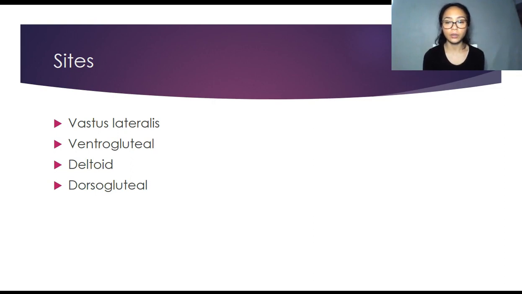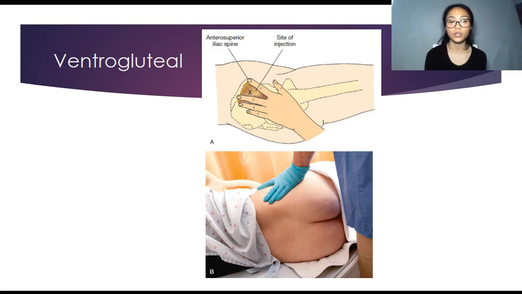But it's rarely used because of the risk of striking major blood vessels, because you've got that underlying sciatic nerve, and so there is a risk of causing permanent or partial paralysis of the leg that's involved. So it's not recommended in regular practice, but in certain situations, such as in mental health settings, it is.